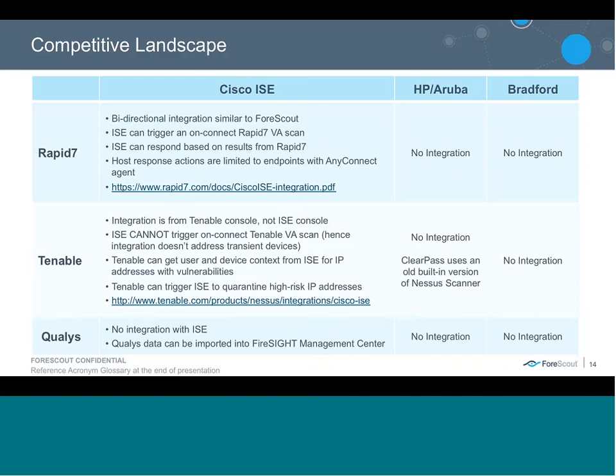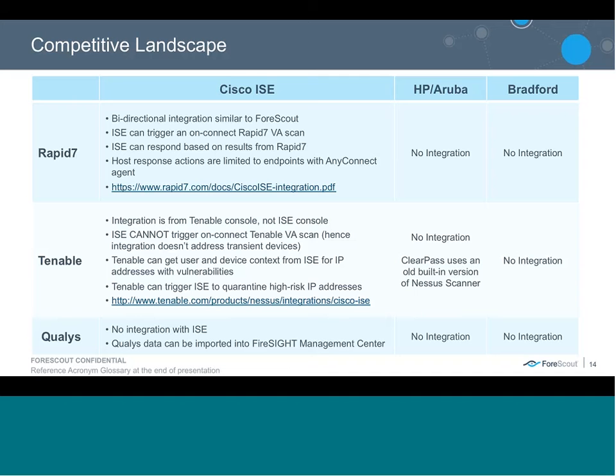So, for instance, with Rapid7, their integration is bidirectional, just like ours is. ICE can trigger a Rapid7 scan. Sounds familiar. ICE can respond to the results from Rapid7, also like Counteract.